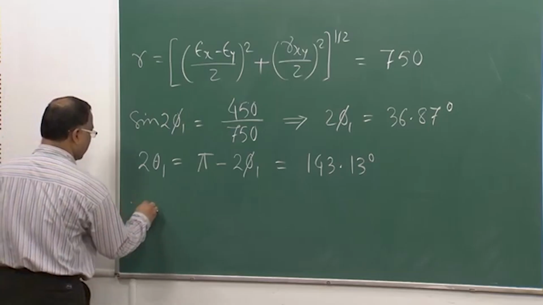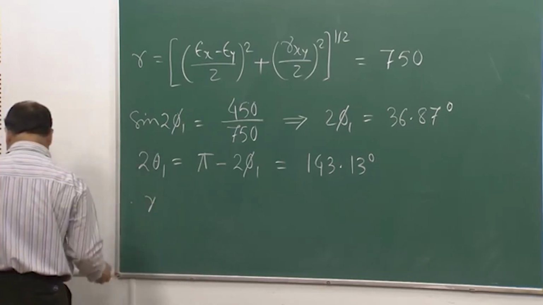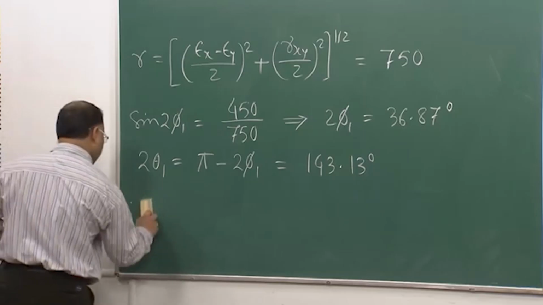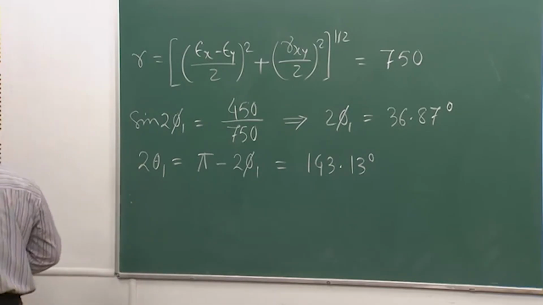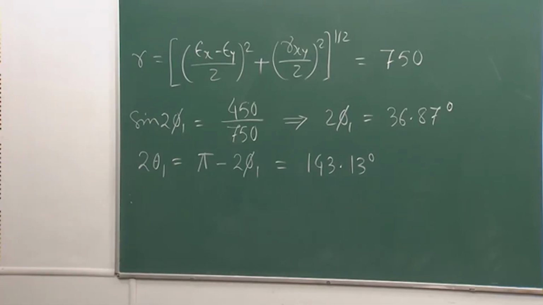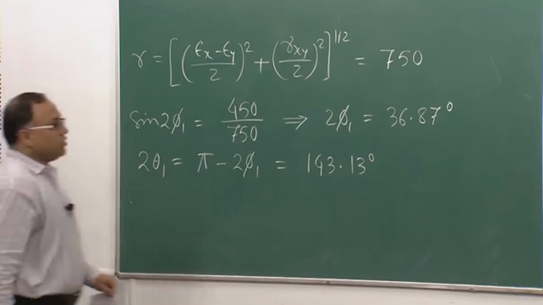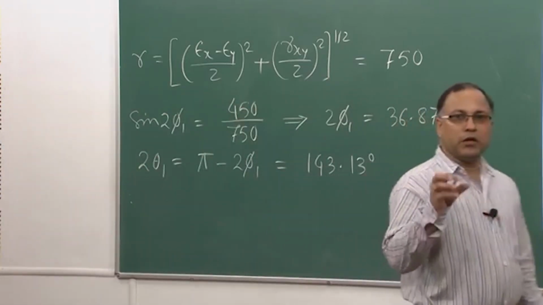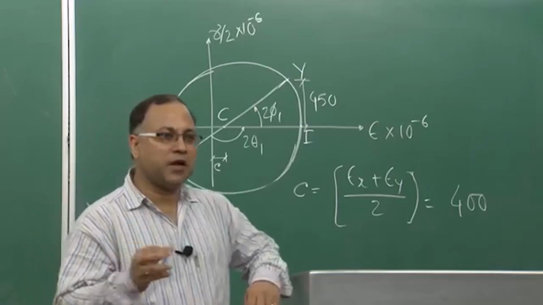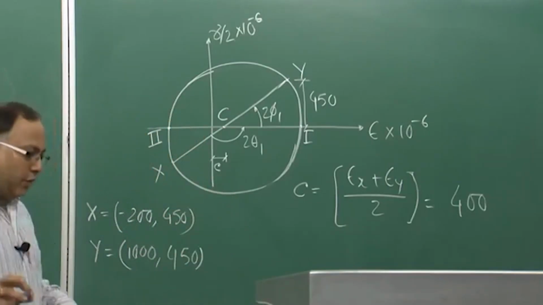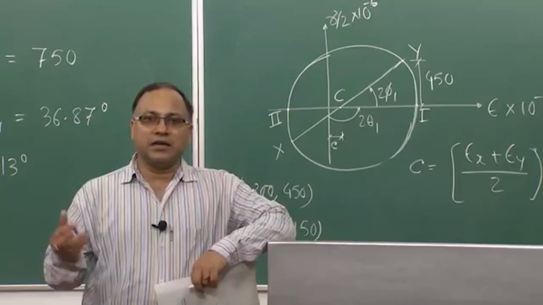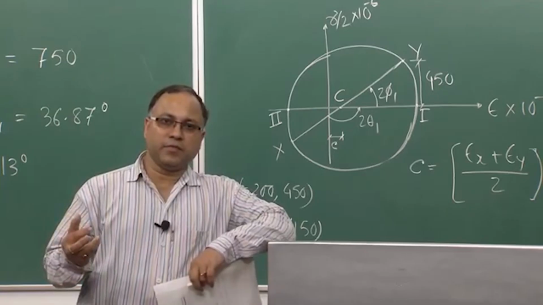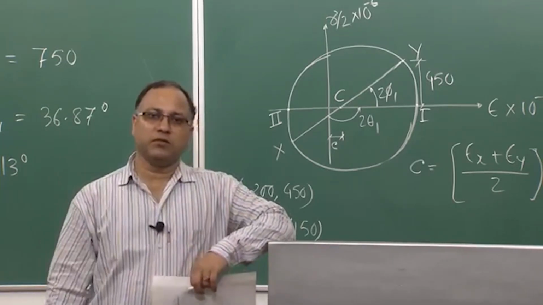And therefore, now what we will do, we will try to locate point x prime and y prime on the Mohr circle. Now, in the problem it says that x prime y prime makes an angle 30 degree clockwise with x y set of axes.